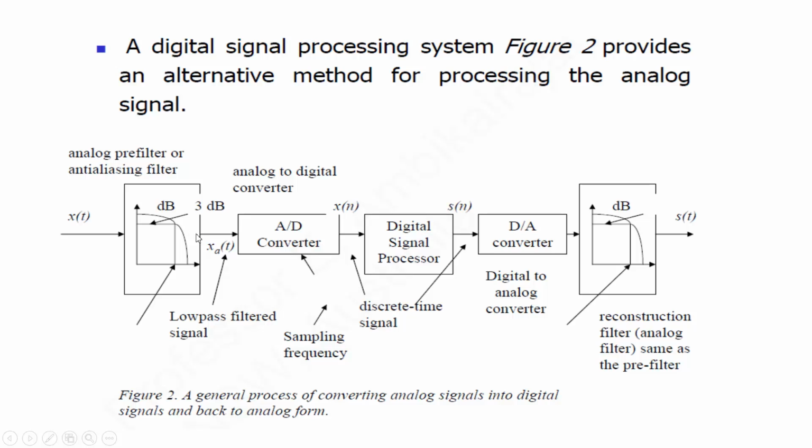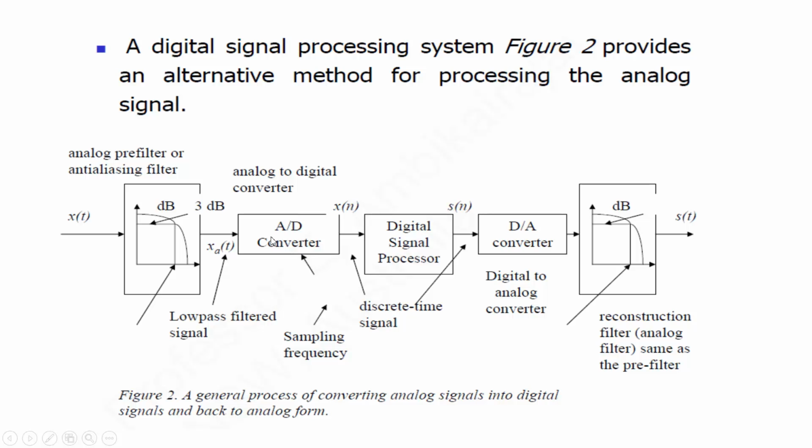Now, after it passes through the anti-aliasing filter, it goes to the analog to digital converter because we have to convert it into the digital domain to apply DSP tools on the signal. We will discuss these blocks in detail.